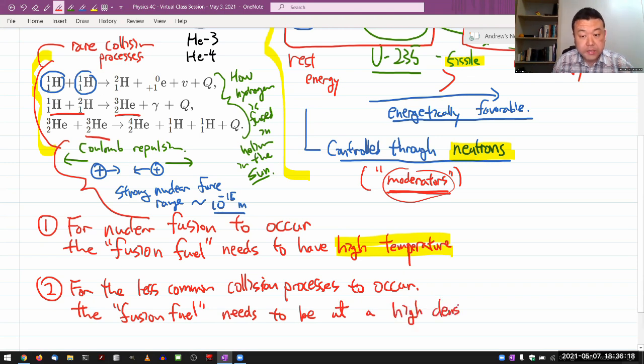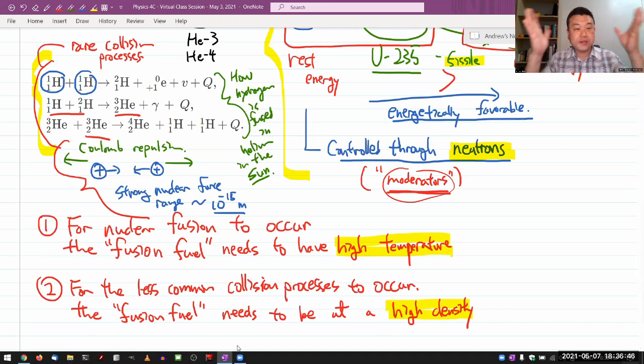So these two factors are what's needed for fusion processes to occur: high temperature and high density. And this is the kind of condition that is actually met in the core of a star like our sun. And in fact, that's the success of our solar model that describes the nuclear fusion that powers our sun.